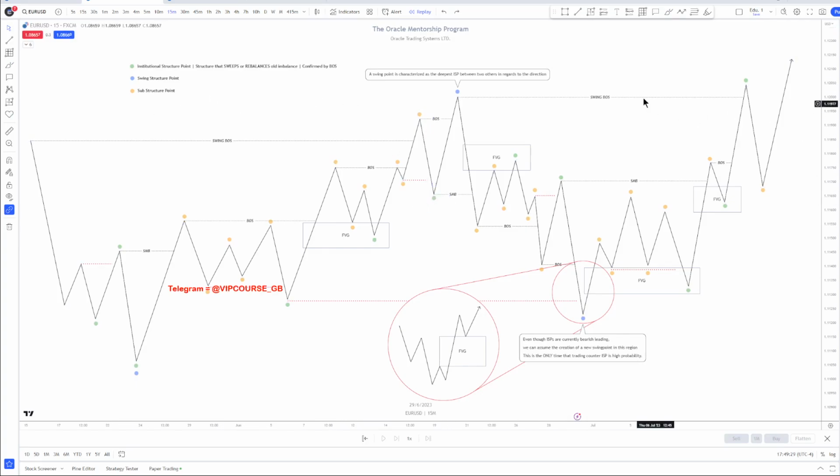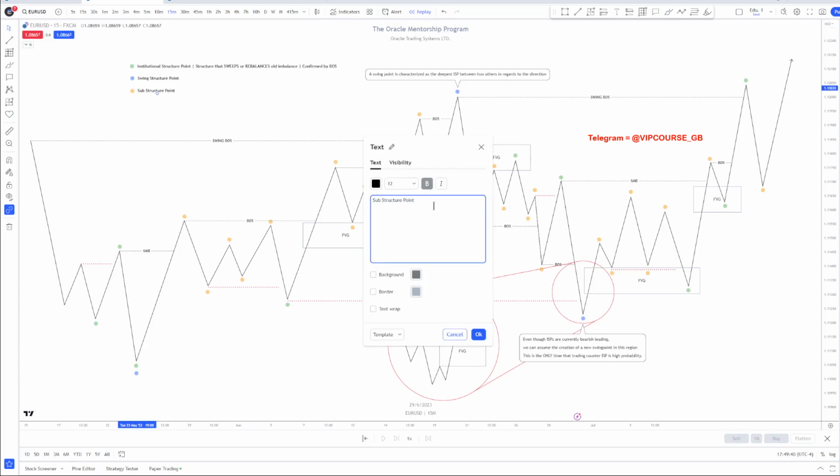Okay, the next form of structure is substructure. Substructure is any structure that does not sweep liquidity and does not break structure, okay?